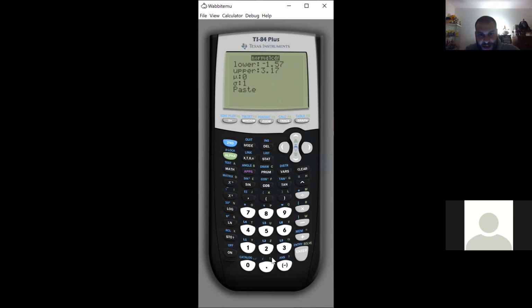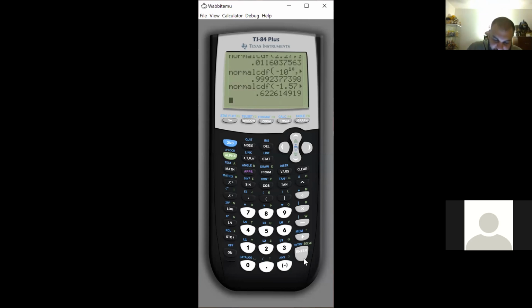My upper bound is 0.47. My mu and sigma stay the same. So the probability that's between these two numbers is 0.6226.